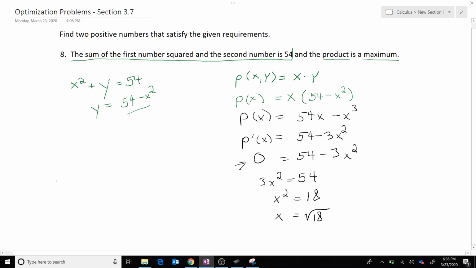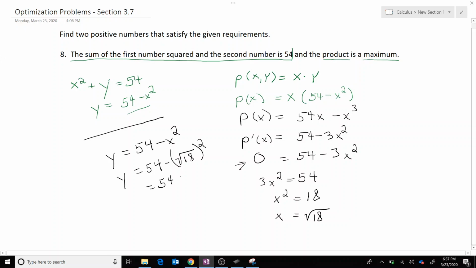You might be asking yourself, well, then how do I figure out what y is? Well, come back over to the left side and remember that we know that y is equal to 54 minus x squared. We know that x is equal to the square root of 18. So 54 minus the square root of 18 squared, which is 18.